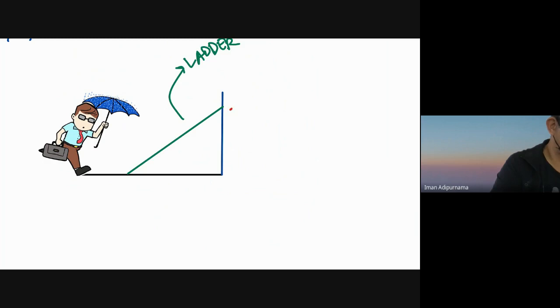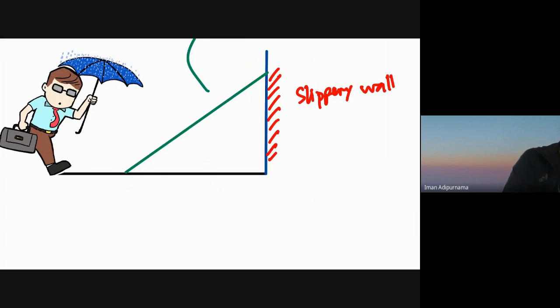So this is the wall, a slippery wall. And then your ladder is falling down. Let me draw in another color. So maybe around here. Yeah, probably there. So it's going down, and eventually it will fall over to the ground.